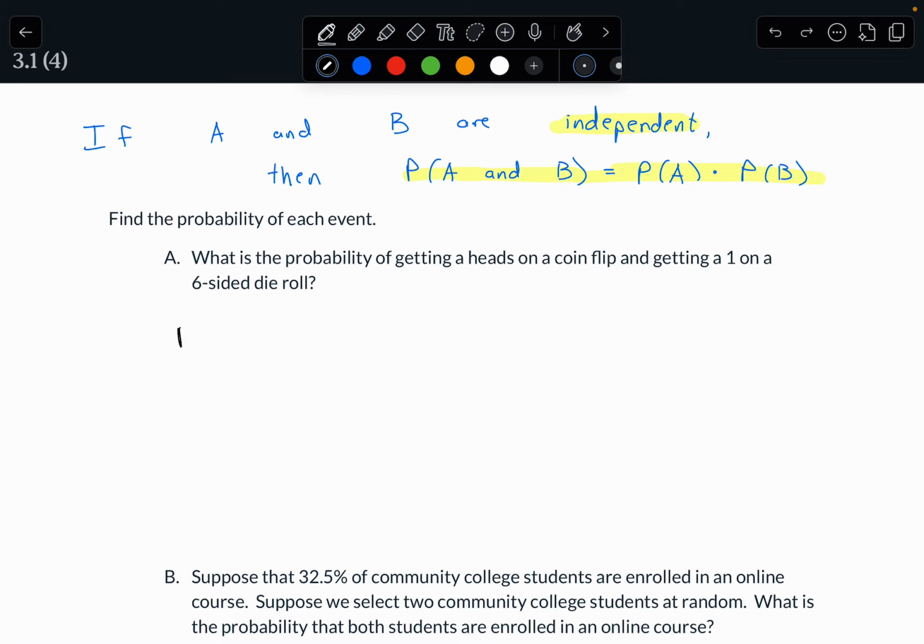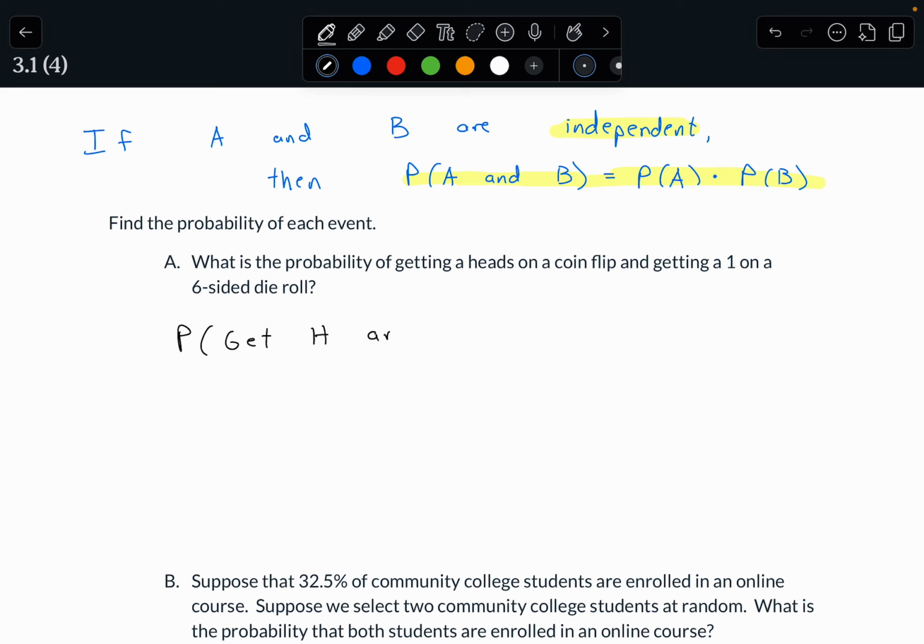So if I want to talk about the probability that I get a heads, and the probability that I get a 1, these two are independent events, so I can look at the probability that I get a heads separately from the probability that I get a 1, and then multiply the results together.